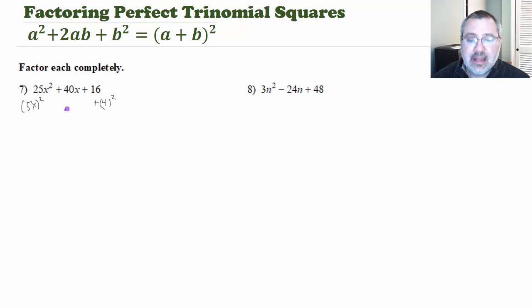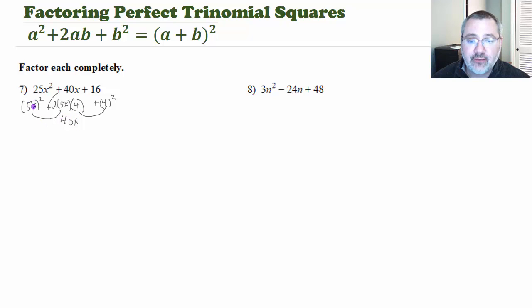And finally, is the middle term, I'm going to just bring down that plus, 2 times 5x times 4? So this middle term, you have to double multiplying this first term being squared and the second term being squared. So 2 times 5 is 10, 10 times 4 is 40, and this middle term is in fact 40x.